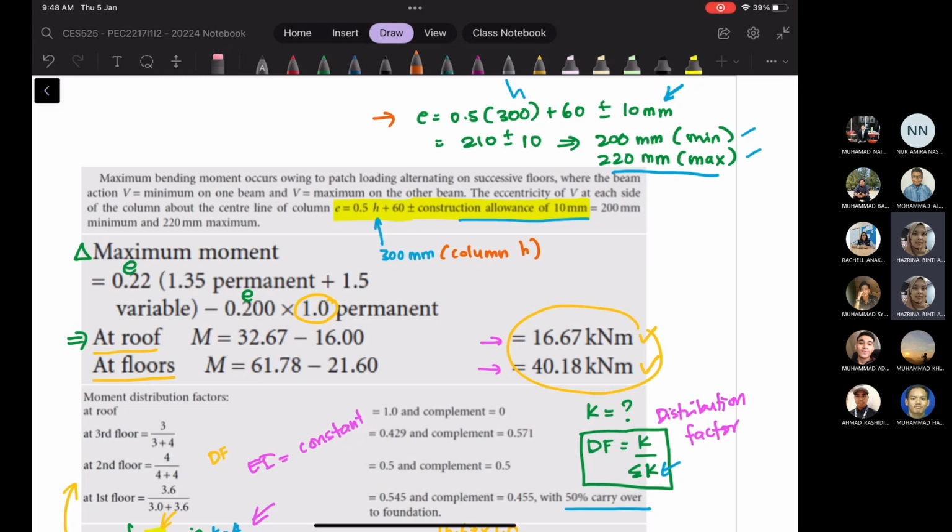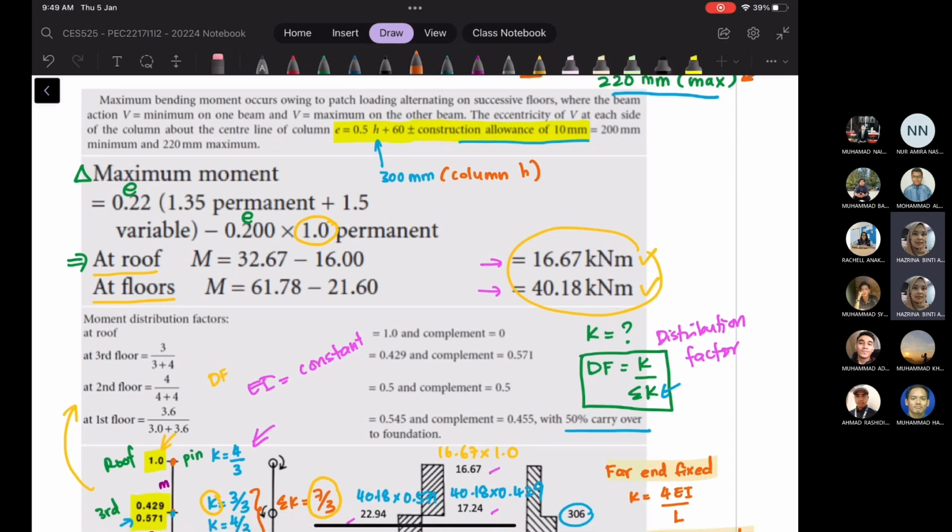So we have the construction allowances that we have to consider.